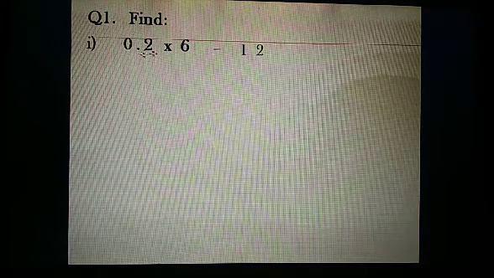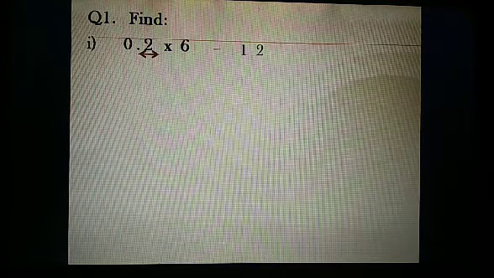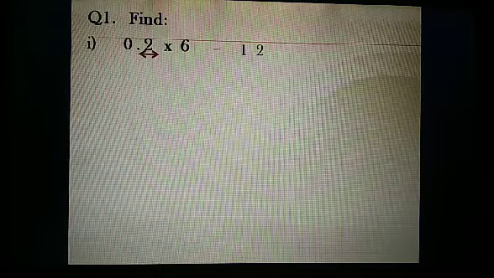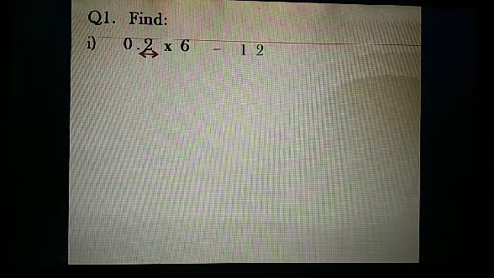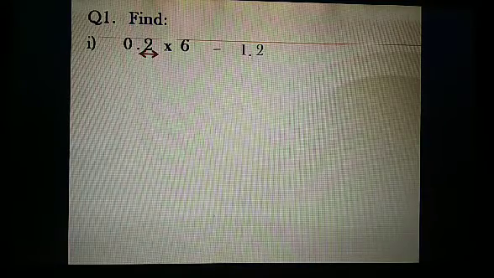Don't focus on the decimal point right now. 2 6 is 12. Now you will see there is only one decimal number and in this there is 1 digit in the decimal part. So from right you will put decimal dot after 1 digit.